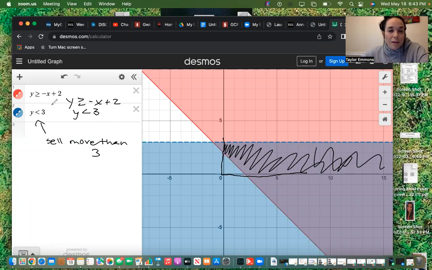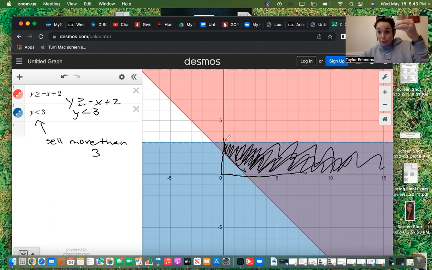And then over here, it had to be greater than this equation. I don't know why you would write it like this, but just for this purpose, okay? The solutions can only be inside of this area, okay? And that's it. So with constraints, normally it's going to say, what would be a potential solution? Well, if they give you options for your solutions, just plug them into both of these constraints and they have to work for both. And then you're good to go.